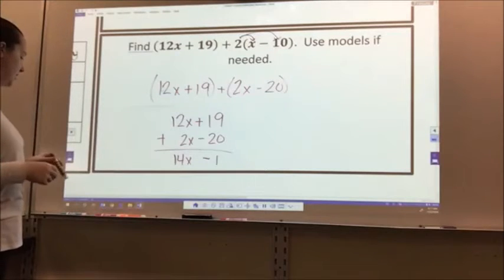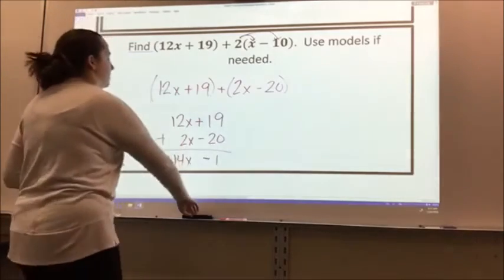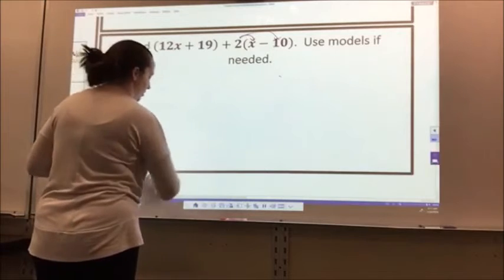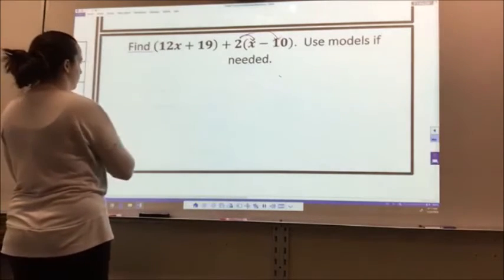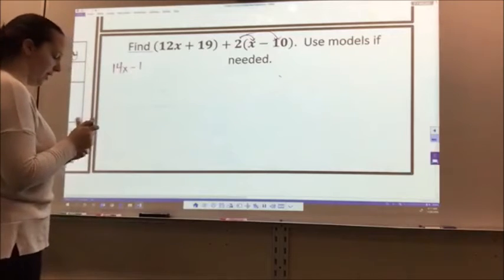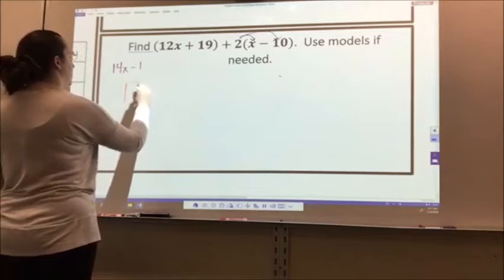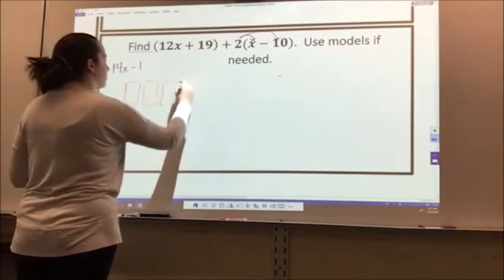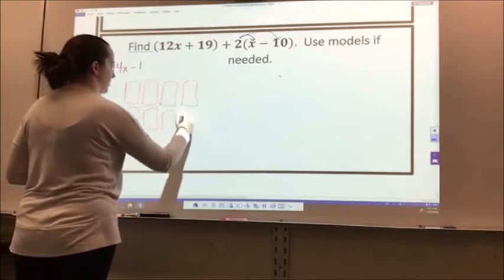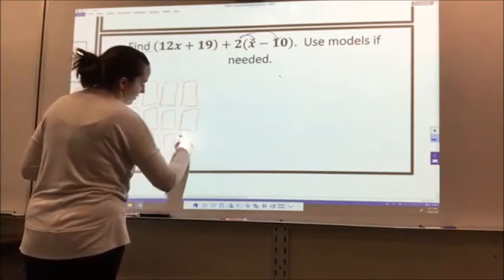I'll go ahead and do that for you as well, just so you can see what it looks like. You still get 14x minus 1. Okay, so you'll still get that answer. So if I have 1, 2, 3, 4, 5, 6, 7, 8, 9, 10, 12.